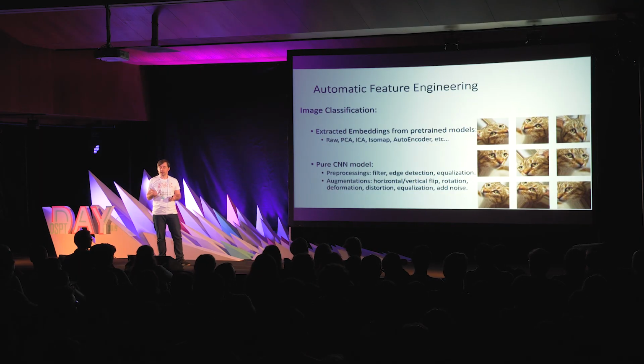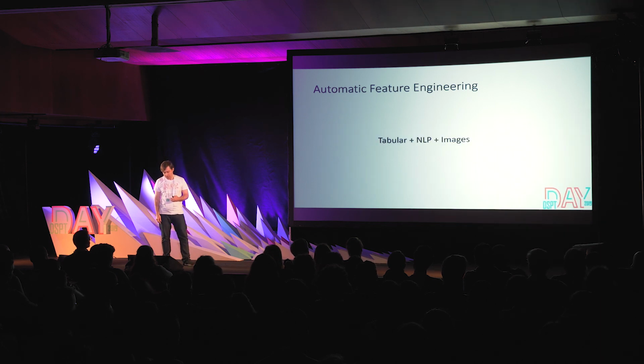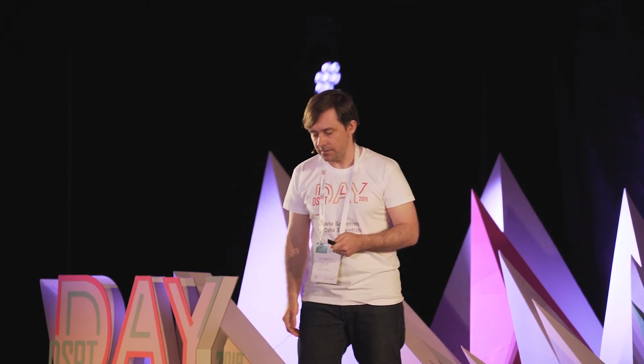There's some automated ML for images also. And it's the same challenge: how to extract information from the feature, how to pre-process each image, how to augment the data when you're working with images. All of these are challenges for an autoML system. And the ultimate challenge for feature engineering: how to combine tabular, NLP, and image data in only one data set to solve one problem, combining the three approaches, right?